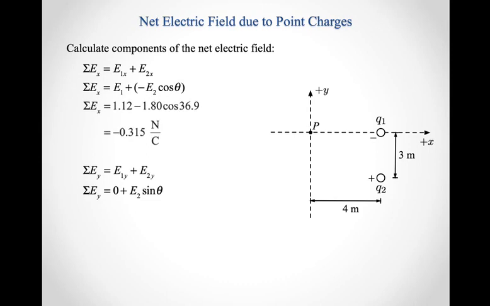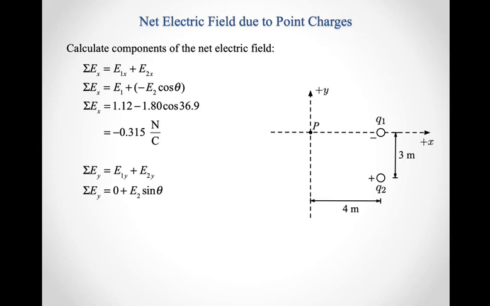So when I do that for the x component equation, I get that the x component of the net electric field is all of E1, so 1.12, minus E2 cosine theta, so that's minus 1.8 cosine 36.9, and my calculator says that's negative 0.315 newtons per coulomb.